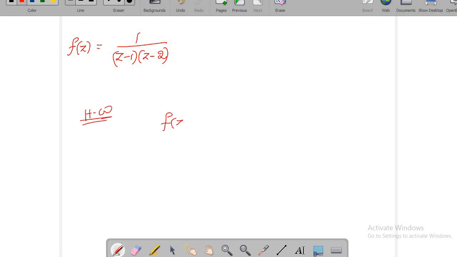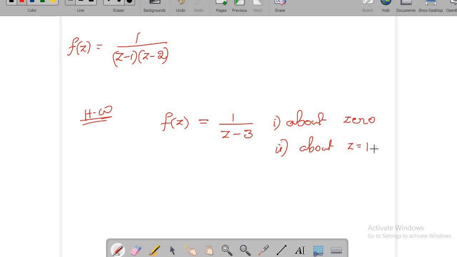If we take f of z equal to 1 by z minus 3, write all possible series expansions. One is the Taylor series expansion, another one is the Laurent series expansion. About 0, and the second about z equal to 1. So I need 2, not just 1.